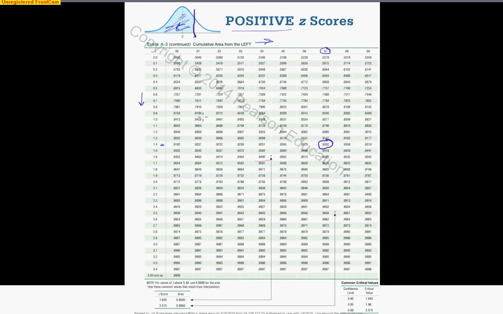I can see right here 0.9495 and 0.9505. In fact, there's a little dot right here, which is exactly where 0.9500 would be. So I can see that this is 1.6, and it's between 4 and 5. So I'm going to write it as 1.645. That is the z-score that goes with the 95%.